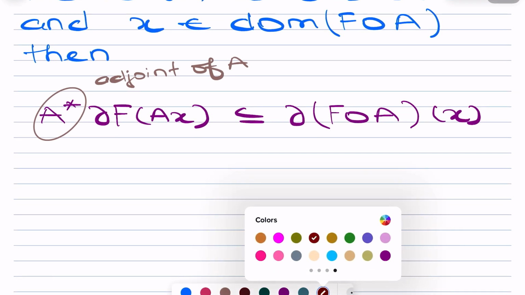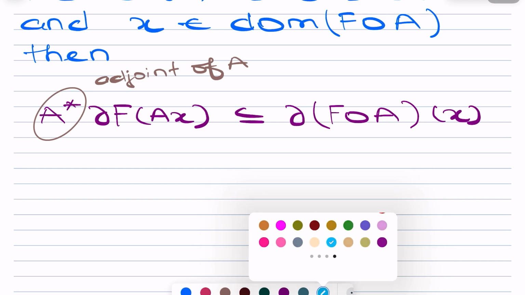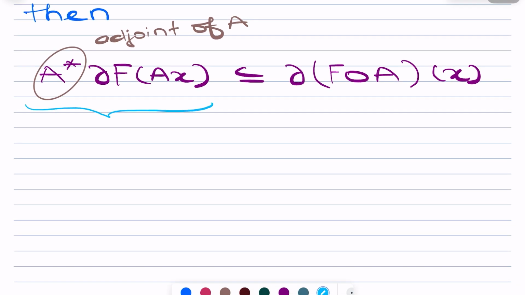Once again, this is the set of A star y star such that y star is in the convex subdifferential of f at the point Ax. So you have this inclusion.